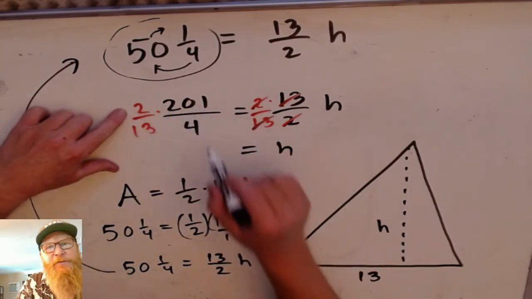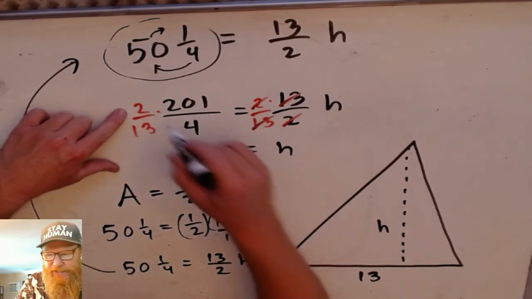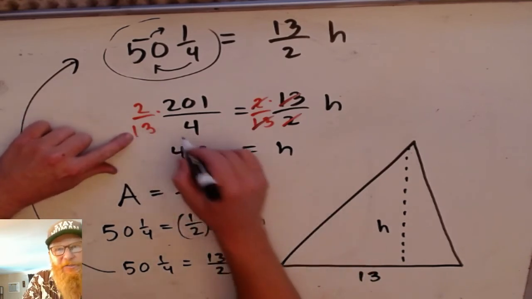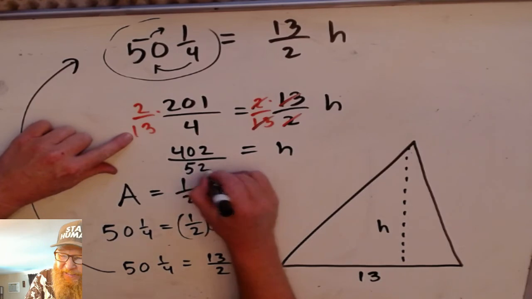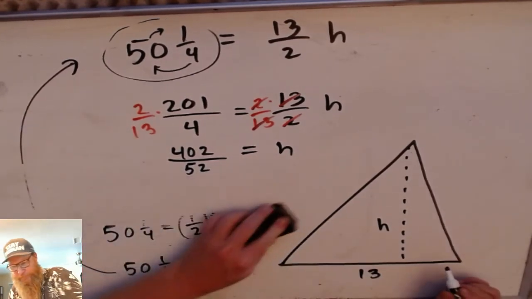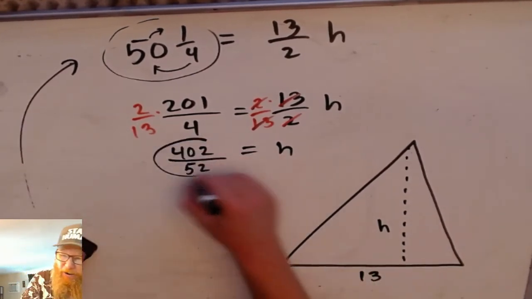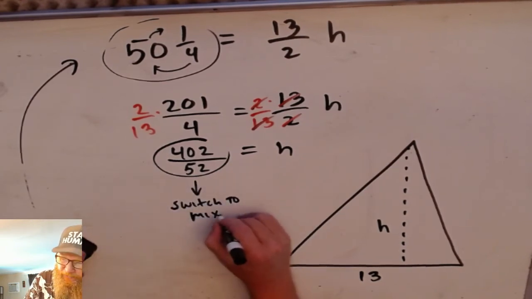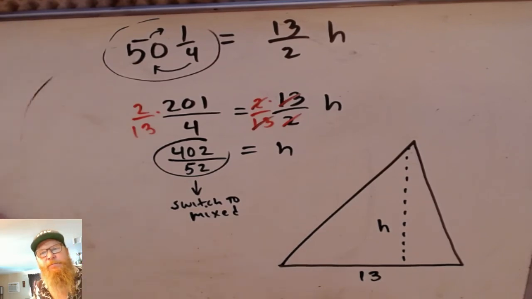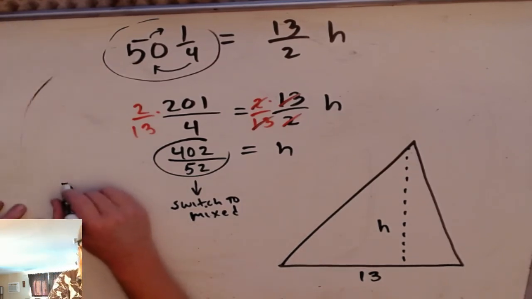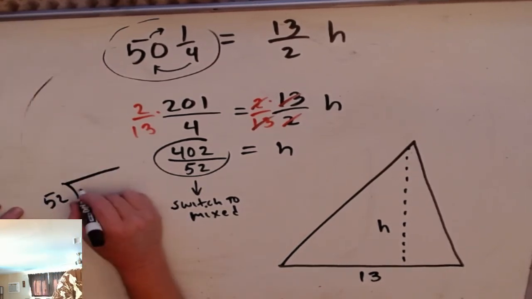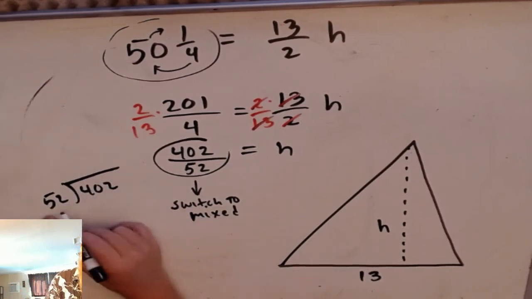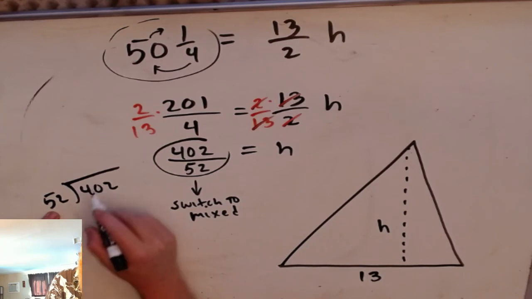And now I'm going to simplify this. Let's see. 2 times 201 is 402. 13 times 4 is 52. And now I want to switch back to mixed. So let's just do some long division over here. 52 goes into 402 about 7 times?